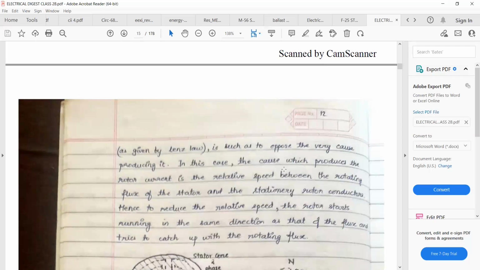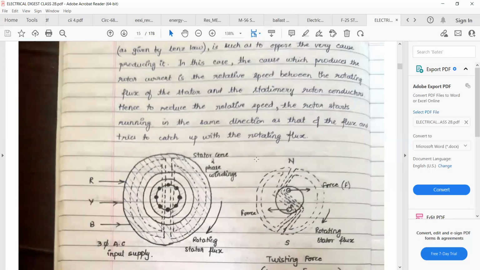In this case, the cause which produces the rotor current is the relative speed between the rotating flux of the stator and the stationary rotor conductor. Hence, to reduce the relative speed, the rotor starts running in the same direction as the flux and tries to catch up with the rotating flux.